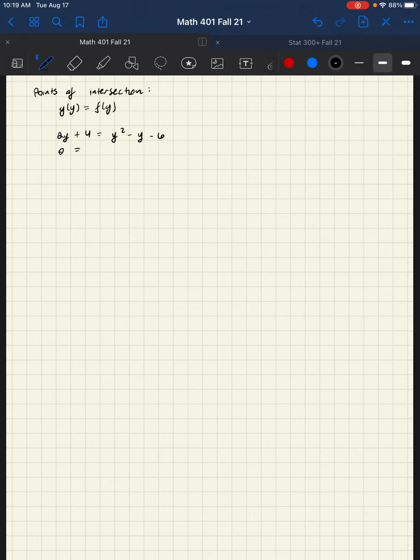This is a polynomial equation. We should get some quadratic on the right-hand side here after we collect like terms and factor if possible.